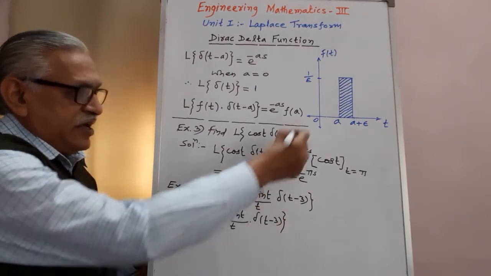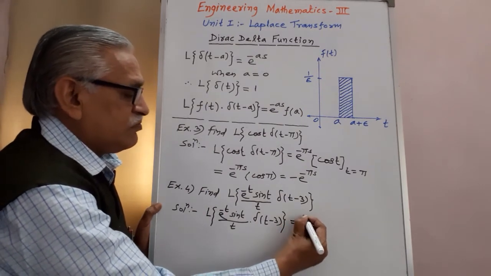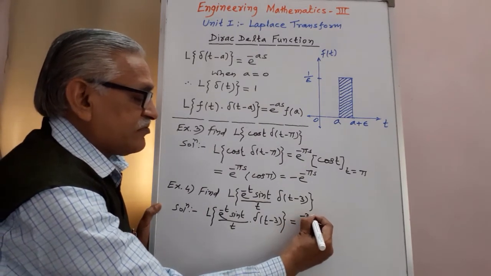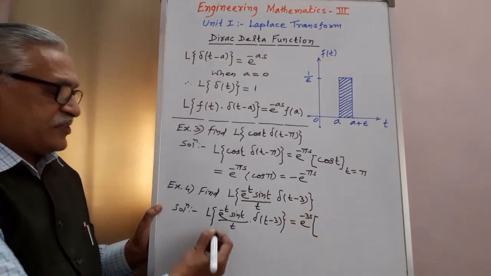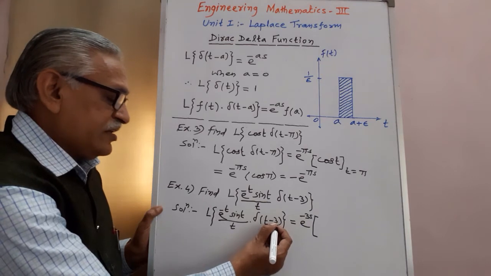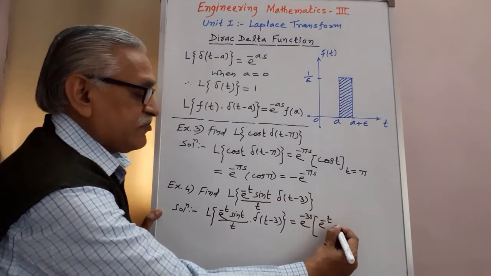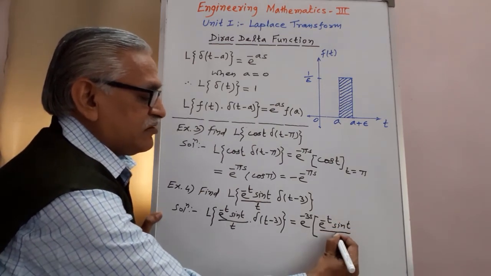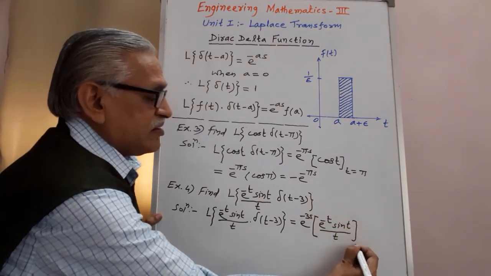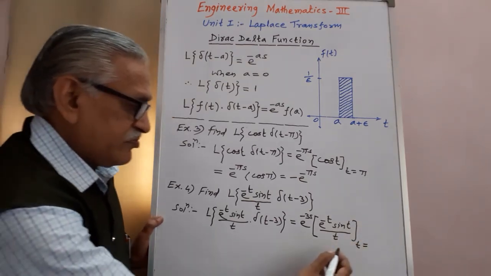Here a is 3, and therefore as per this result, it is e raised to minus 3s into the value of the function at t equals a, which is here 3, that function is here e raised to minus t sin t by t at t equals 3.